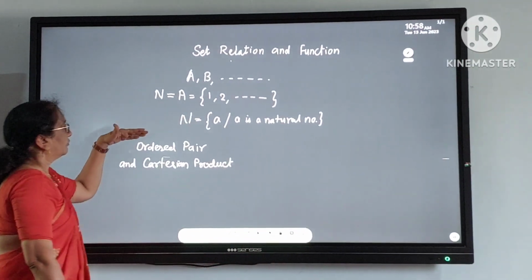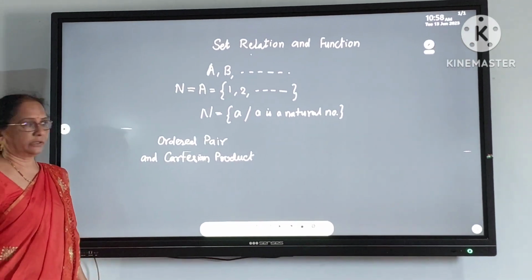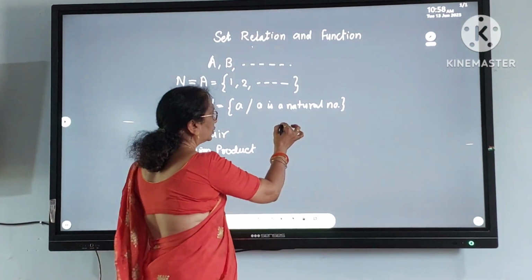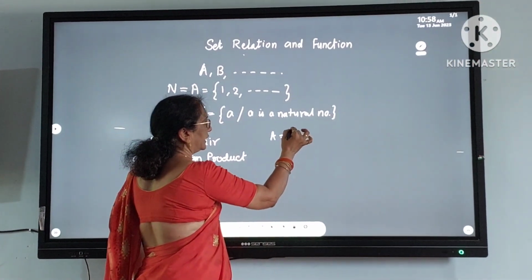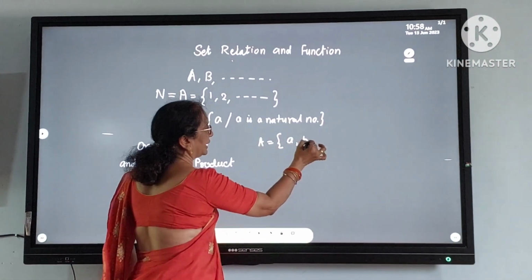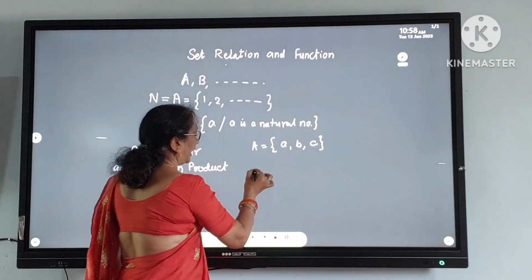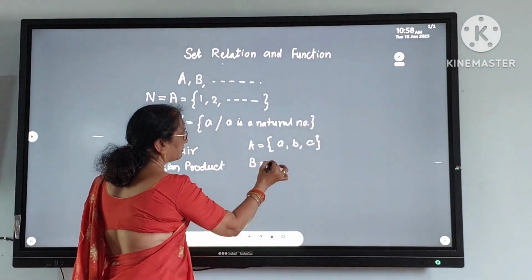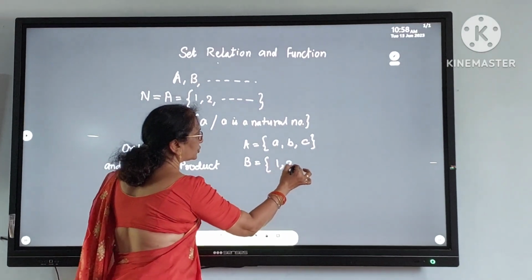So what is the meaning of ordered pair? For that, let us take two sets: set A, which is {a, b, c}, and another set B, which is {1, 2, 3}.